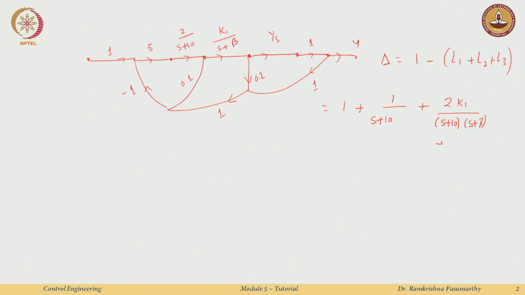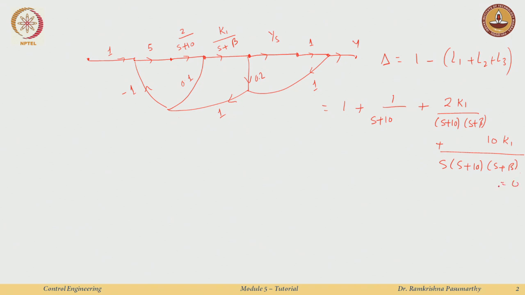So, that just goes away from here, and then the last term. So, I go the entire distance here. I have 5 and 2, 10 times k1 over again s in the denominator, s plus 10, s plus beta. Okay. So, this equal to 0 is my characteristic equation.